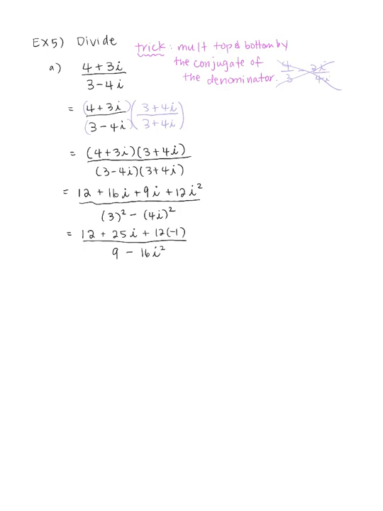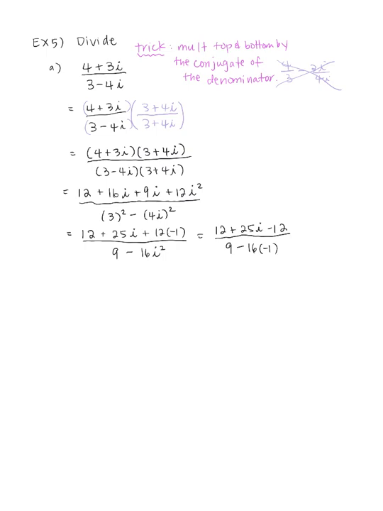All right, we can do this. So this is the same thing as 12 plus 25i and then minus 12, whole thing divided by 9 minus 16i squared, which is negative 1.